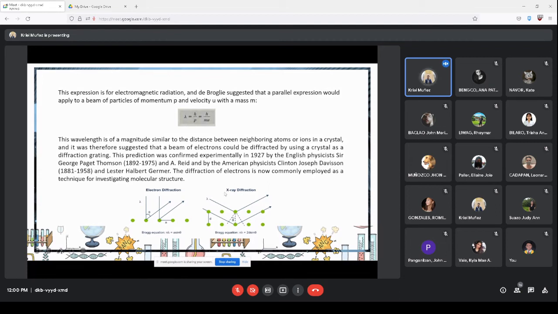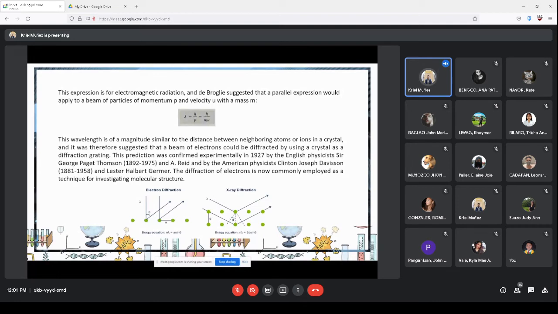If you are familiar with X-ray diffraction, when you have X-rays, you hit them on, for example, a thin foil of a thin crystal. So when it hits there, we will have diffracted rays. Right? So our diffracted rays, class, would give us the distance between crystal lattices.